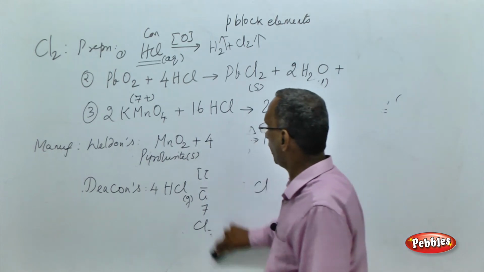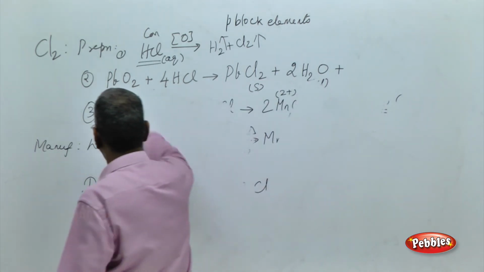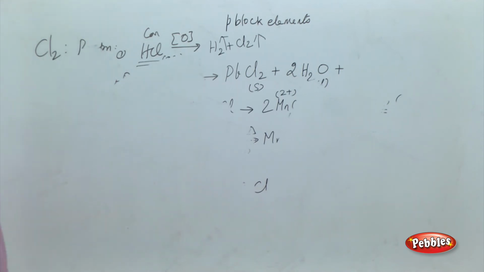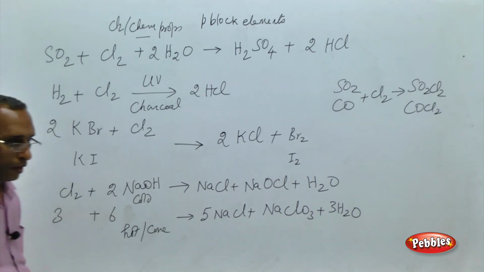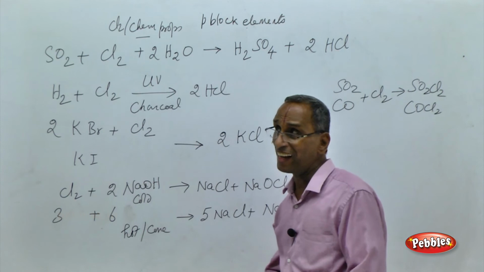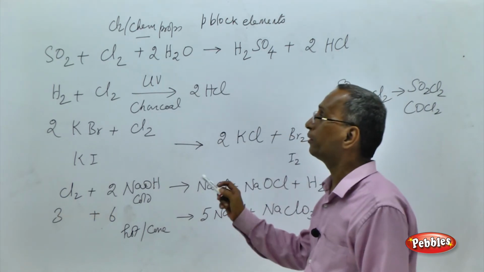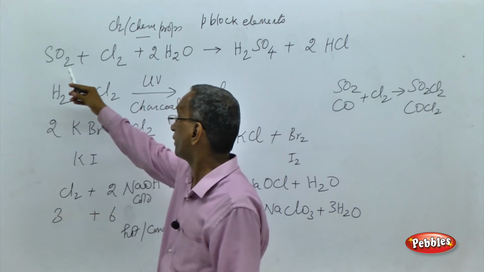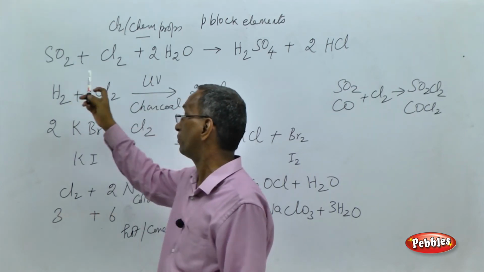Now we will see the chemical properties of chlorine in detail. Now we will see some important reactions of halogens, generally chlorine. First one, chlorine reacts with sulfur dioxide in water medium.